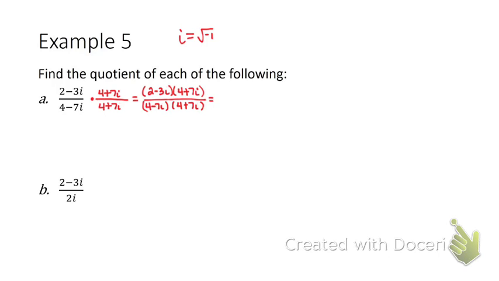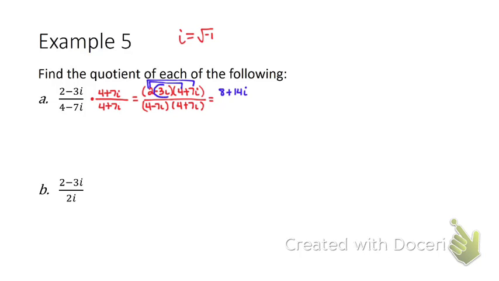All right, so we went over FOIL really well yesterday, so we're going to go back through it now. Remember, F is for first, so 2 times 4 is 8. Outer: 2 times 7i, which is 14i.